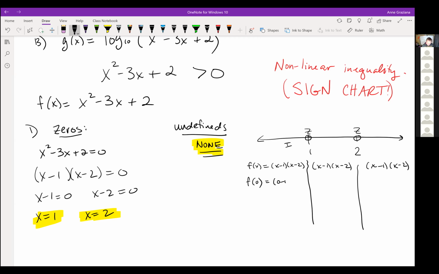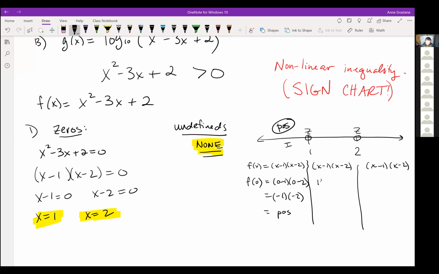So 0 minus 1 times 0 minus 2 is going to be negative 1 times negative 2, which is positive. I don't really care about the number. I just want the sign. All right, between 1 and 2, we don't have much of a choice. You have to pick a fraction. There's no whole number between 1 and 2. So I'm going to pick 1.5.